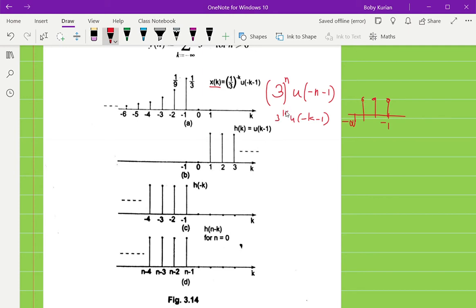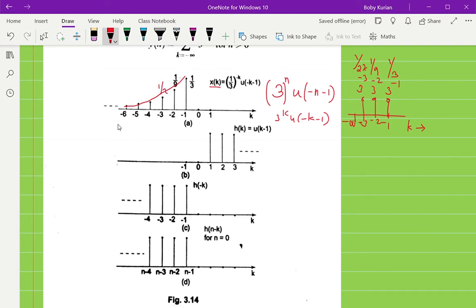Along with that, we have to put 3 raised to k. When k equals minus 1, that will be 3 raised to minus 1. Next, k equal to minus 2 means 3 raised to minus 2. k equal to minus 3 means 3 raised to minus 3. 3 raised to minus 1 is 1 by 3, 3 raised to minus 2 is 1 by 9, 3 raised to minus 3 is 1 by 27. So it decreases exponentially. From minus 1 onwards it decreases exponentially: 1 by 3, 1 by 9, 1 by 27, like that.